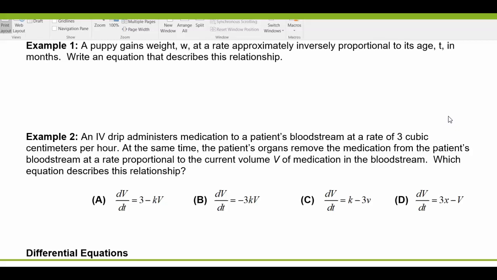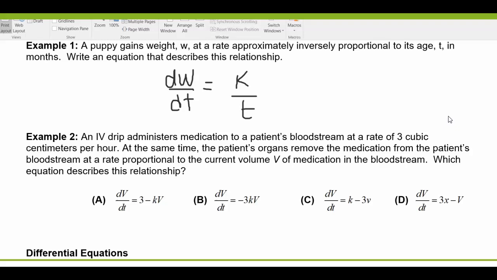So we're coming up with an equation where W represents weight and T is time. The rate of change, anytime we talk rate, we talk derivative. So dW dt is equal to K, which represents our proportion. It's just generic K, the constant of proportionality, with respect to time.